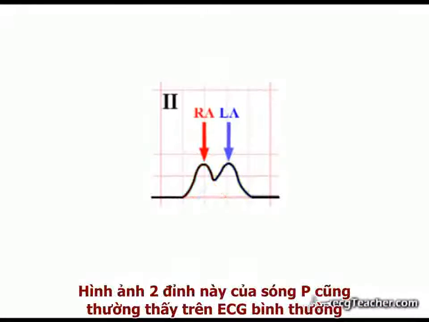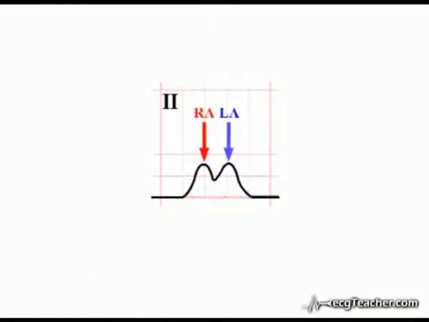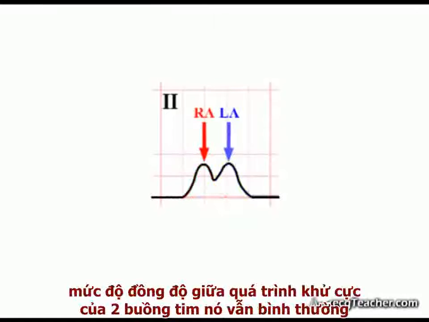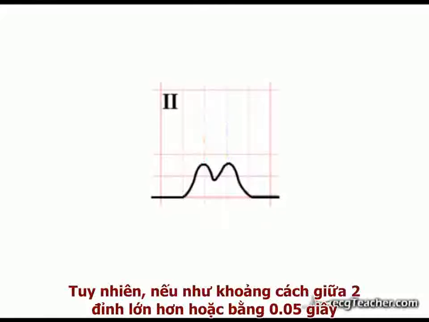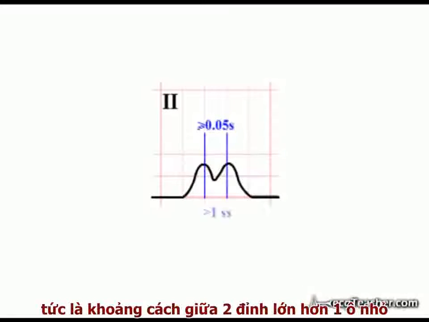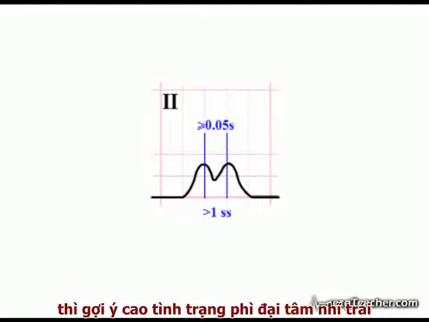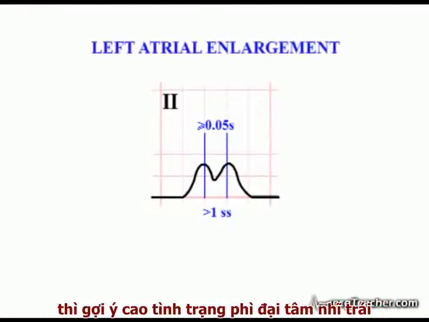This notched morphology in P waves is commonly seen in normal ECGs. As we've seen, a degree of asynchrony between the two chambers is quite normal. However, if the separation between the two peaks is equal to or greater than 0.05 seconds in duration, that is, one small square or more separation between the peaks, this is highly suggestive of left atrial enlargement.